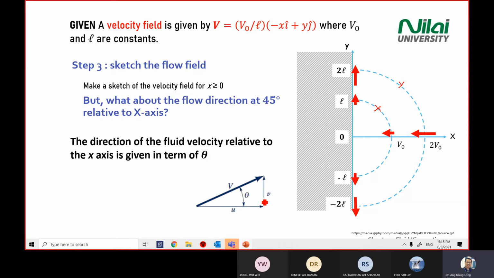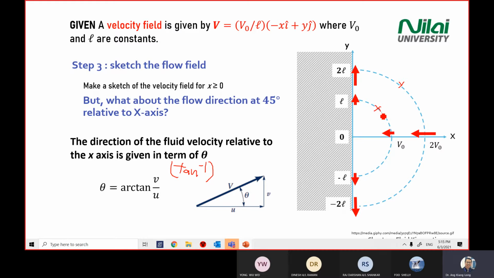The vector is a combination of small u and small v. And the angle is given by arctan, or tan inverse on your calculator. Arctan of v divided by u, you get the angle.